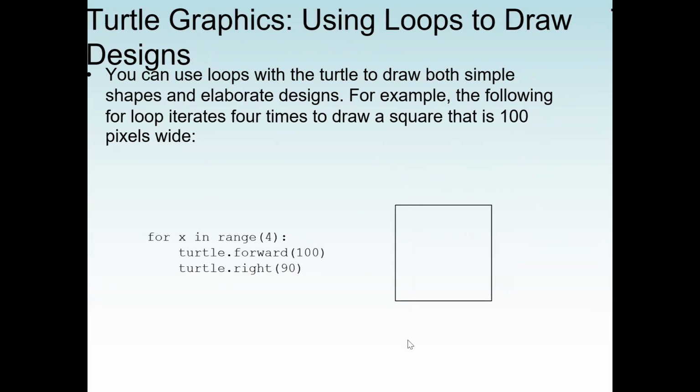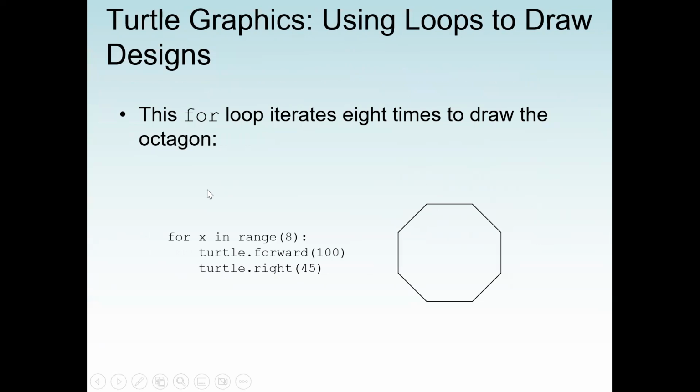So when we start, we move first, then 90 degrees down, 90 degrees again, 90 degrees. So that's why for all the 4 sides, turtle dot right 90 is the degree. Now this is just using only one loop. Now we can also use a for loop, this time 8 times to draw an octagon. An octagon has 8 sides. This time the angle is 45. So we can see that each side, the joint is the same throughout. So the for loop makes it possible.